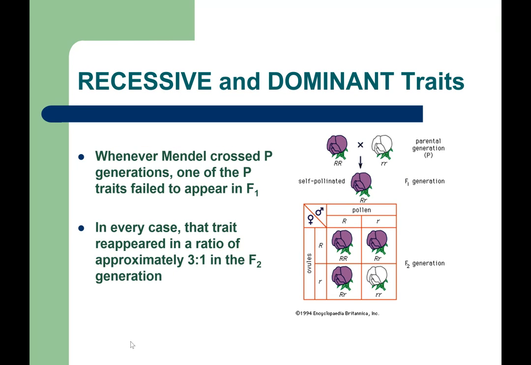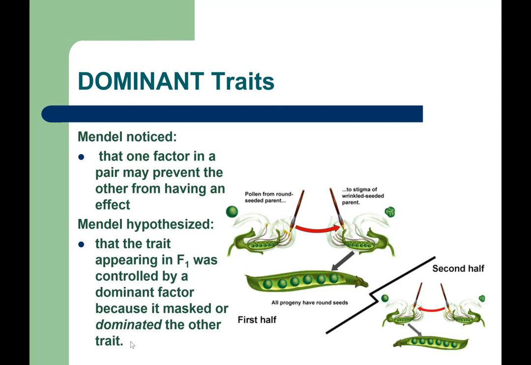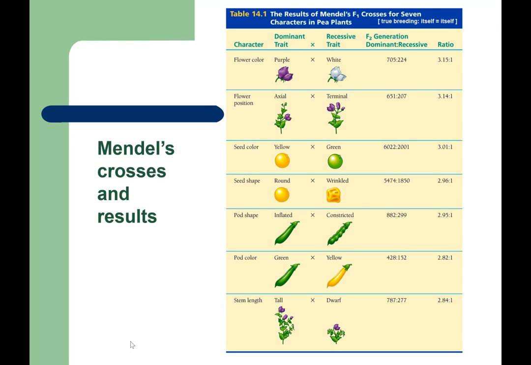This brings us to the idea of recessive and dominant, which I'm assuming you guys are all familiar with. A dominant trait is a trait that will prevent another trait from being seen or from coming through. It will mask the other traits. So, for example, let's go back for a second. These are all of our dominant traits.